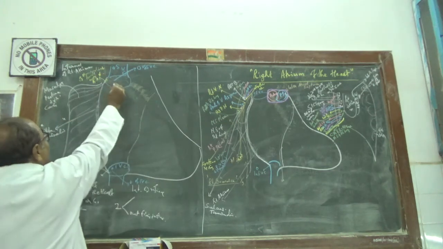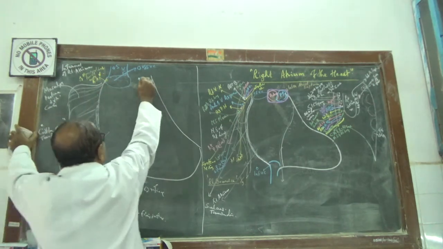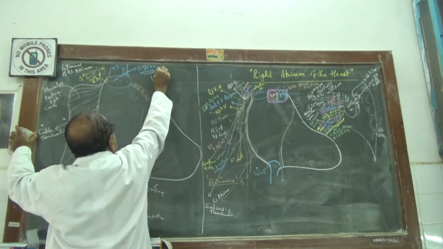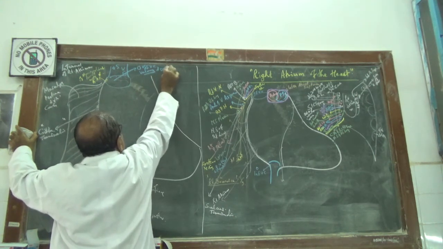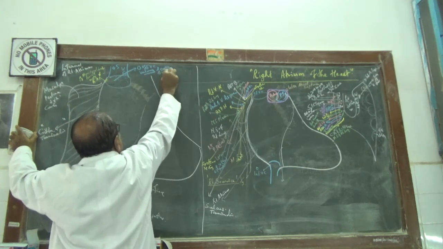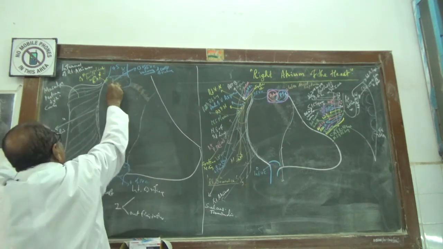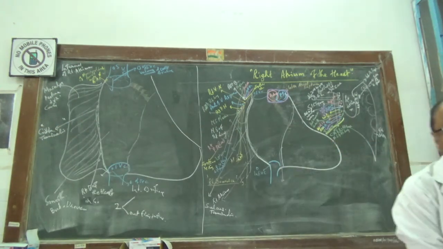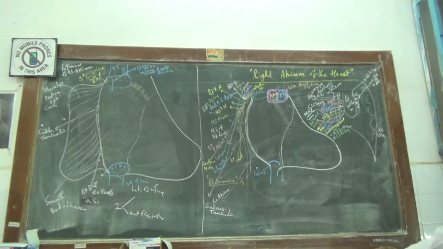This orifice does not have valves, it is devoid of valves, because the blood will be traveling in the direction of gravity.